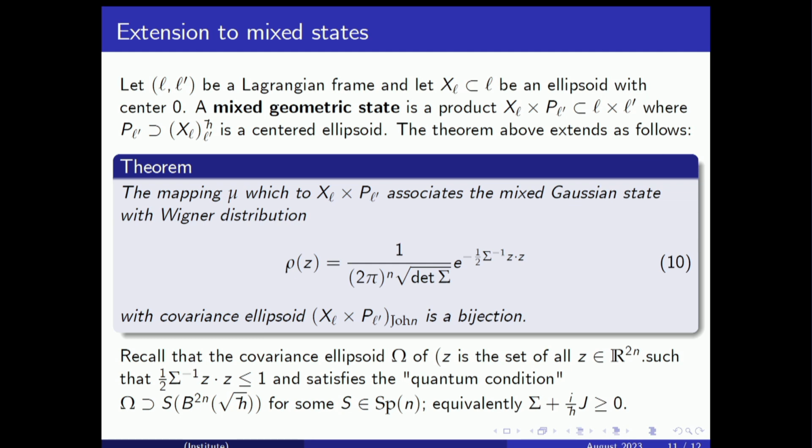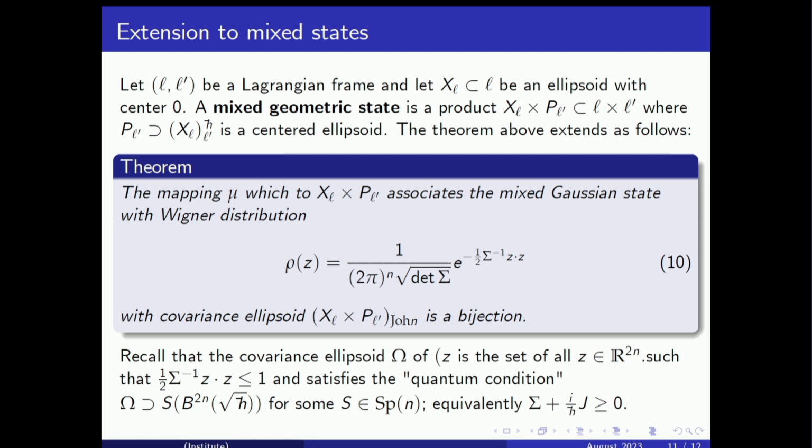Okay, that's just an illustration, but you have infinitely many mixed states having the same covariance matrix, or equivalently the same covariance ellipsoid. One thing to remember here is that not every matrix sigma is a quantum covariance matrix.